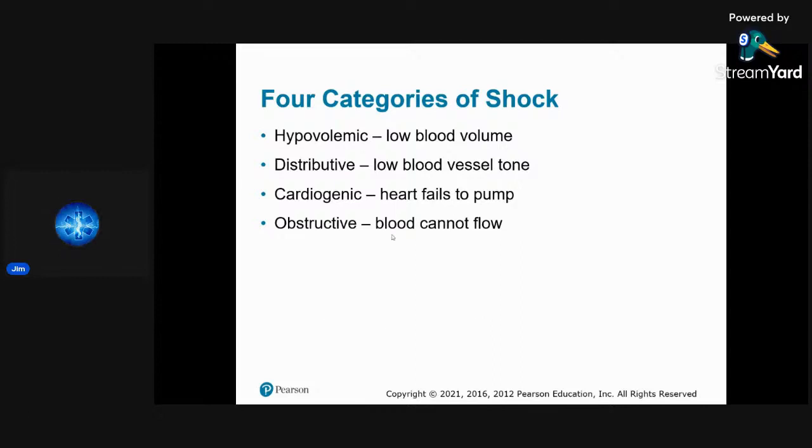Obstructive, the blood can't flow for some reason. For example, the heart has trauma and the sac around the heart starts filling up with blood. It's a cardiac tamponade. After it fills up with enough blood, there won't be any room for the heart to refill. Or a pulmonary embolism can cause obstruction.